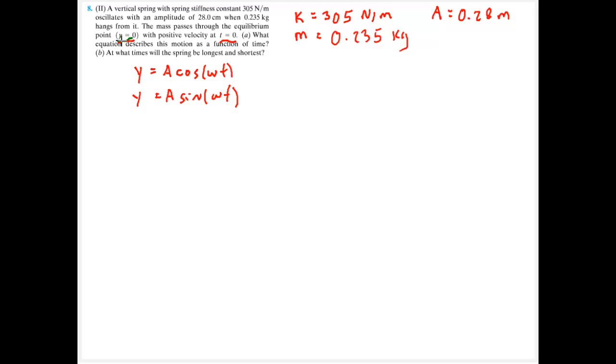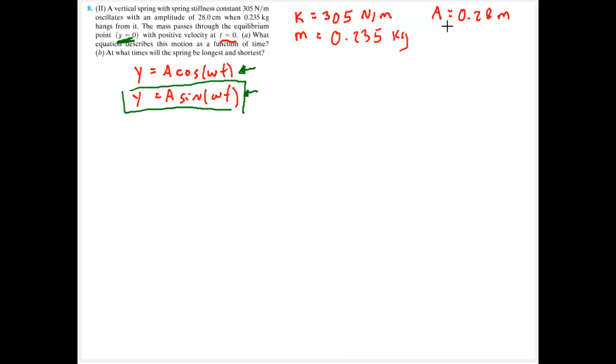Knowing that the position must be at the equilibrium position, y is equal to 0, at time is equal to 0, this one is going to be equal to the amplitude at t is equal to 0. Cosine of 0 is 1. Sine of 0 is 0, so we want to use this expression right here.